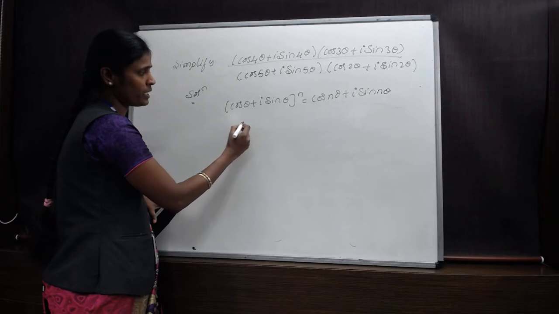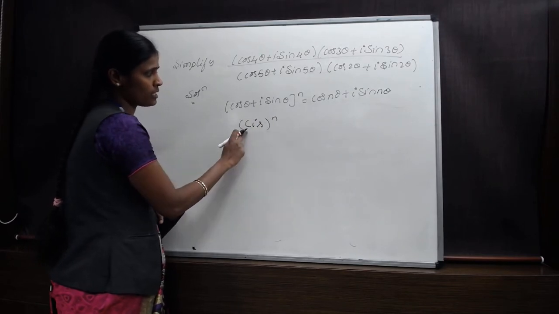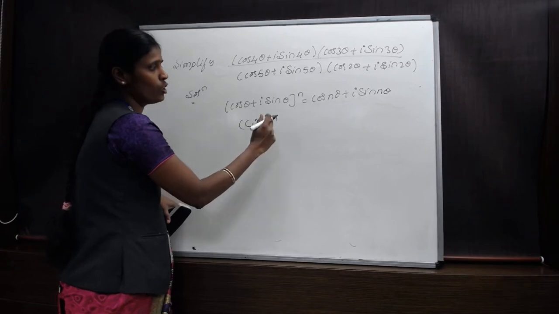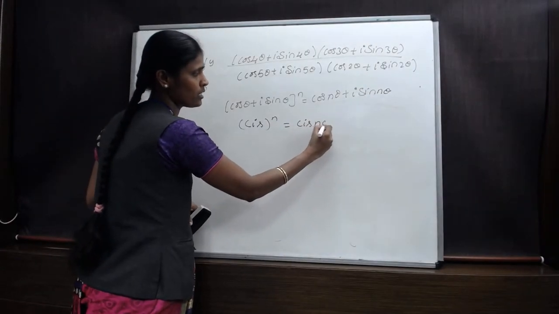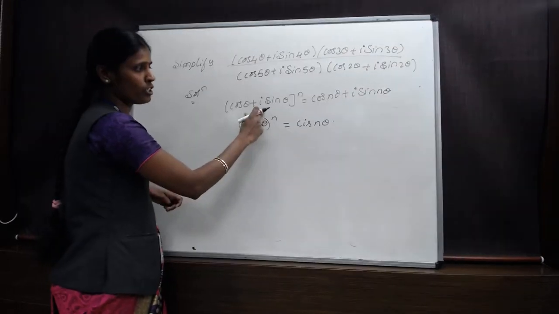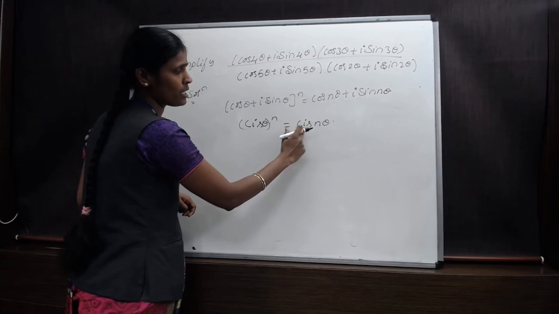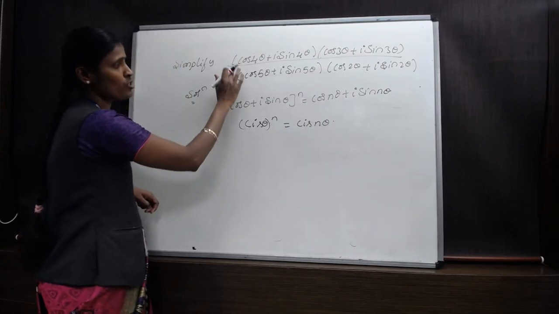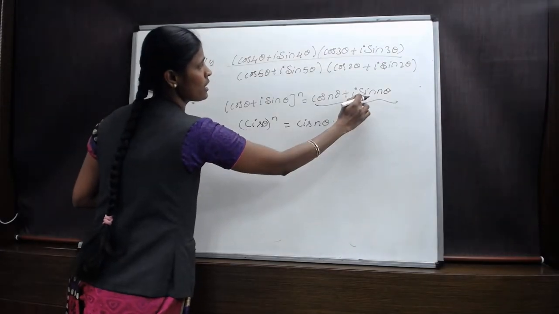Cis theta to the power of n is equal to cis n theta, that is cos n theta plus i sin n theta. Next I am using this concept here.